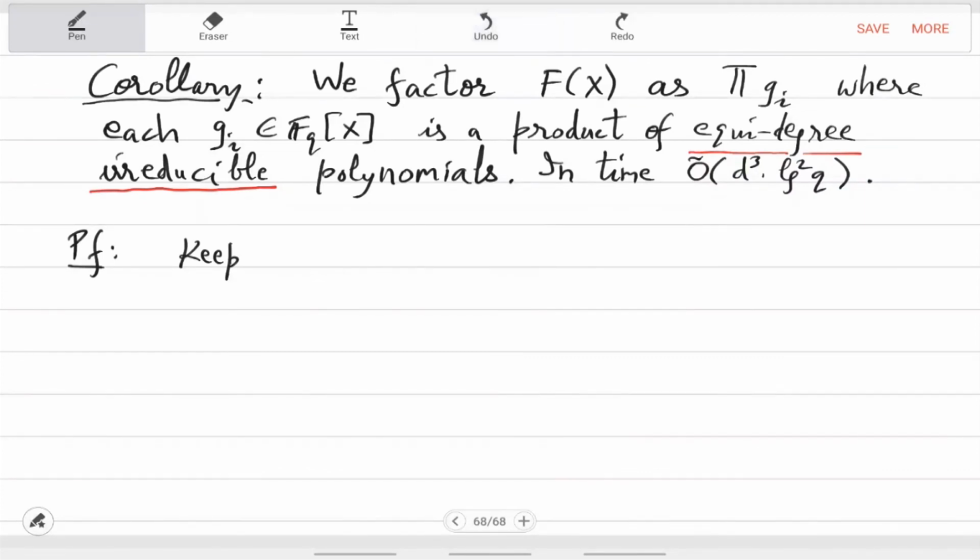If the number of factors is more than one, maybe we need to repeat. Keep updating big F as big F divided by the GCD that you have computed.